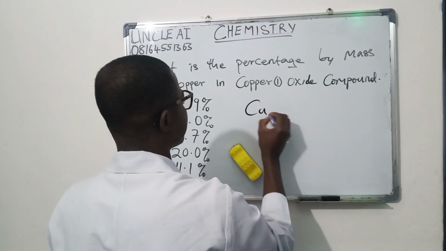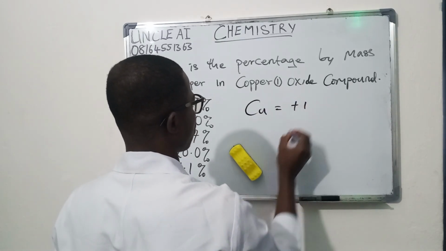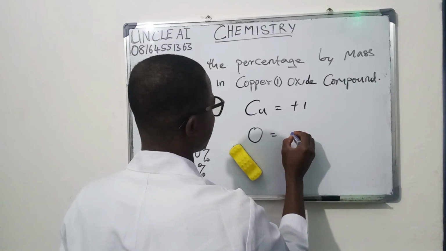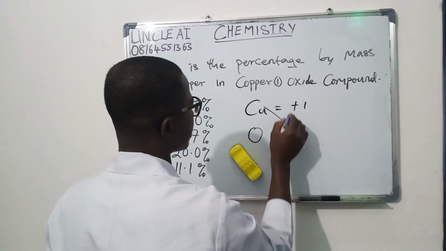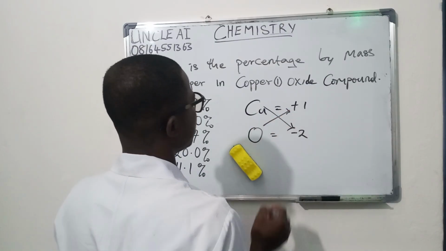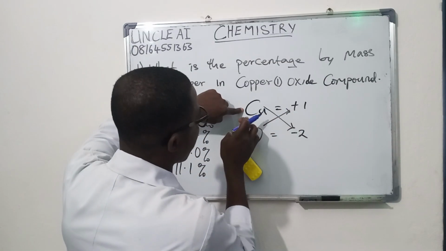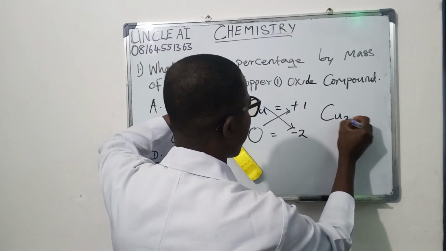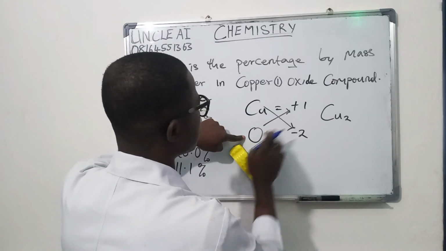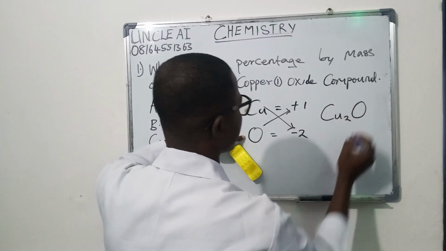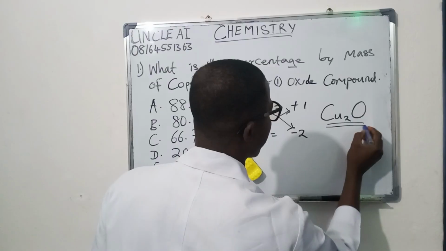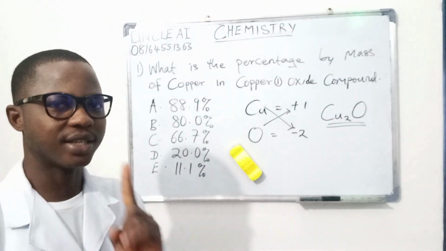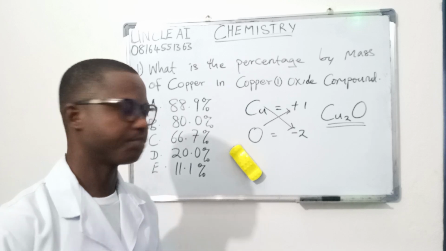The copper 1 we are dealing with has a valency of +1. Then oxygen has a valency of -2. So once they exchange their valencies, this simply means this copper will take the valency of oxygen, and we'll have copper, and we'll put 2 here. This oxygen will take the 1, and we'll have 1 here. So this is the chemical formula for copper 1 oxide: Cu2O. That is number one thing you should know.